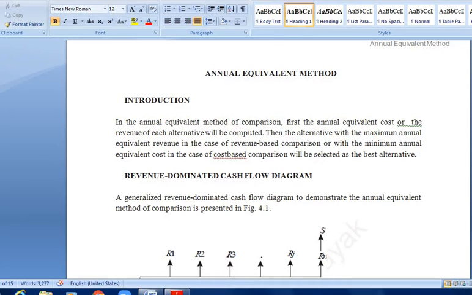Today we will discuss annual equivalent method comparisons. Here, first the annual equivalent cost or the revenue of each alternative will be computed. Then the alternative with the maximum annual equivalent revenue in case of revenue based, or with the minimum annual equivalent cost in case of cost based comparison, will be selected as the best alternative.